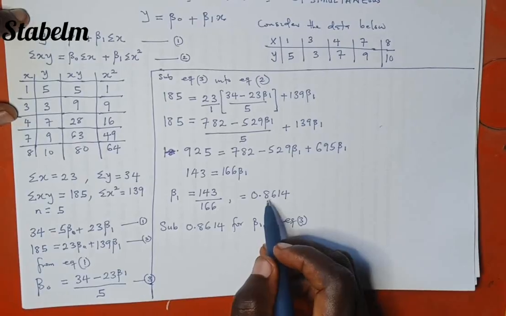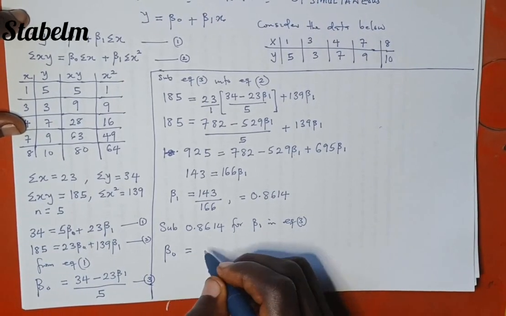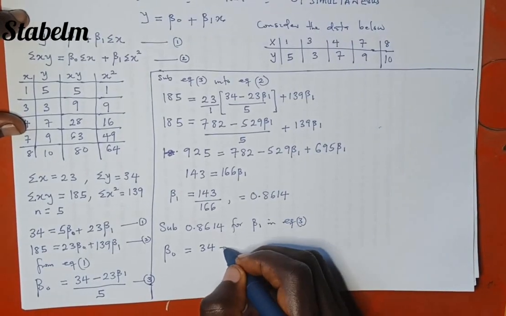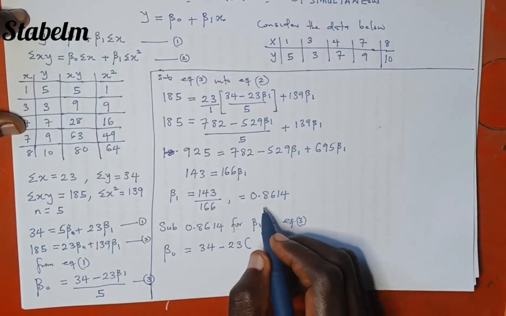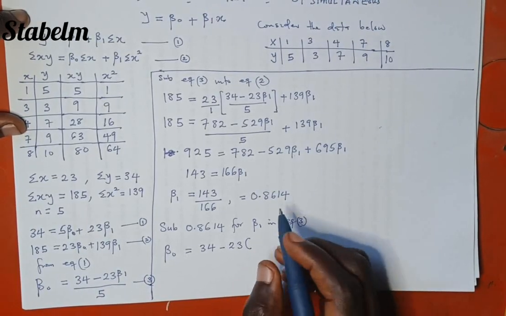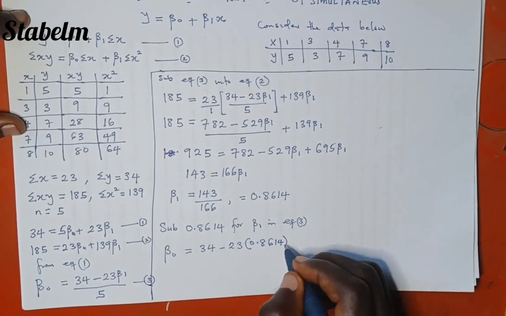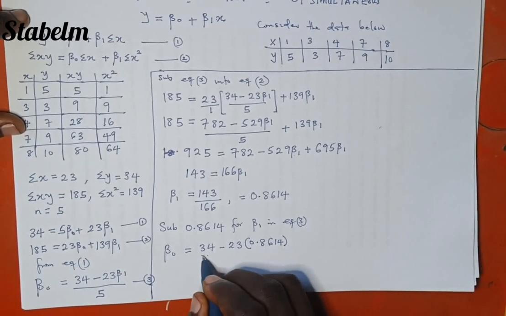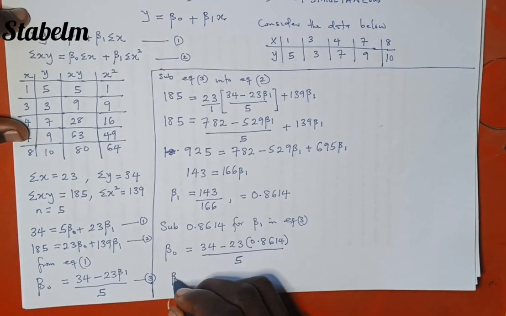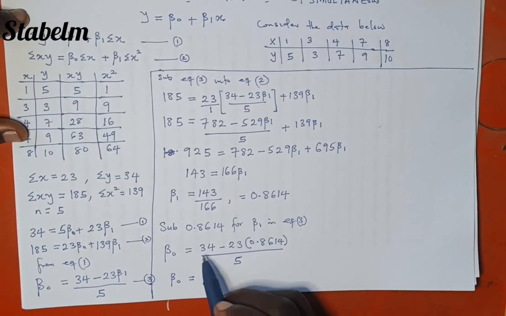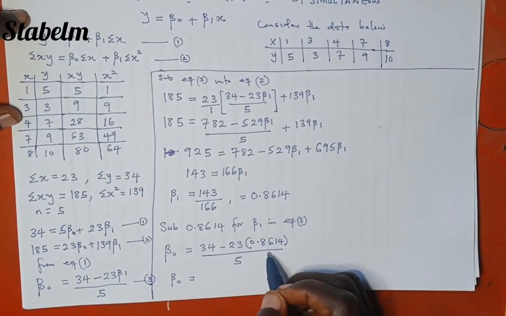Therefore, beta naught equals 34 minus 23 into bracket beta 1, where beta 1 is 0.8614, all divided by 5. So beta naught equals 34 minus 23 times 0.8614.